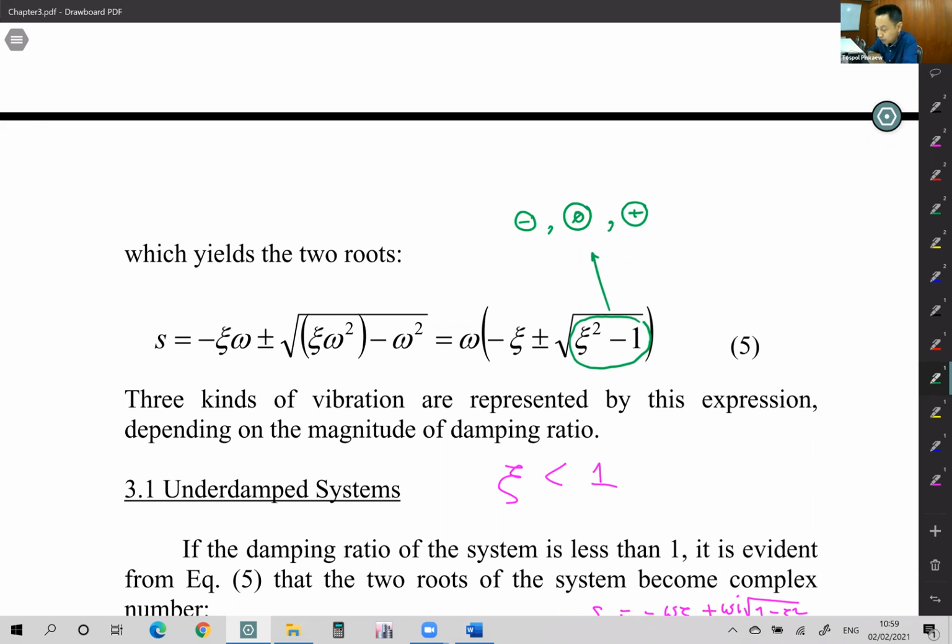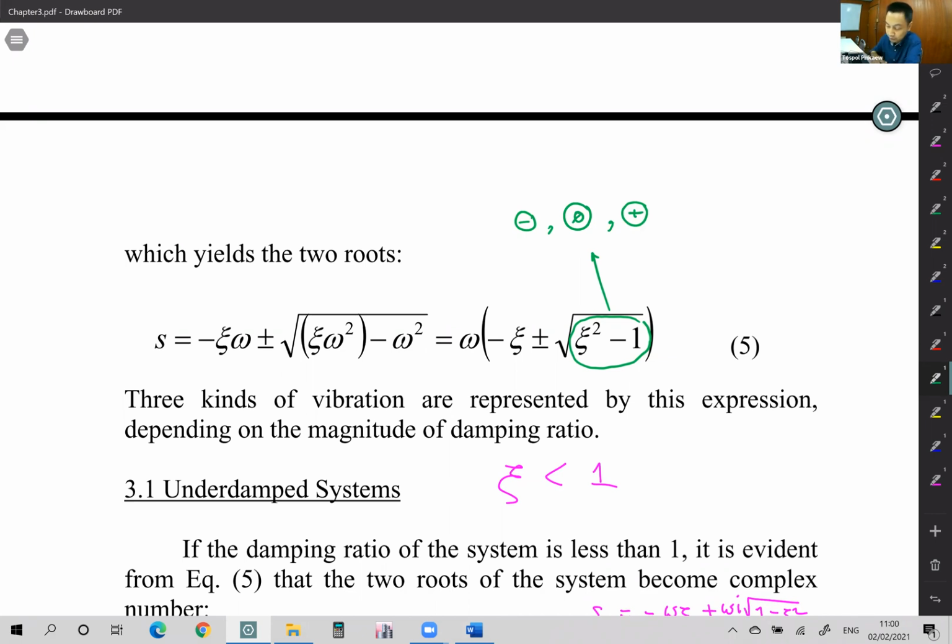These three possibilities will make the vibration of your building change totally. The way that the building moves, the way that the building will respond to the initial conditions, will be totally different depending on the value psi squared minus 1 takes.